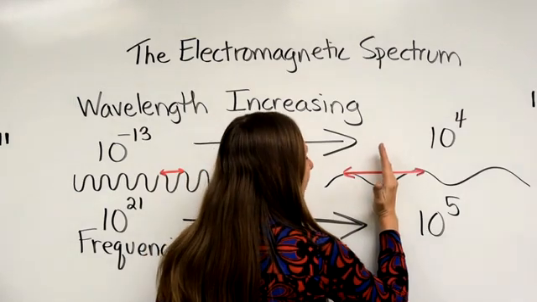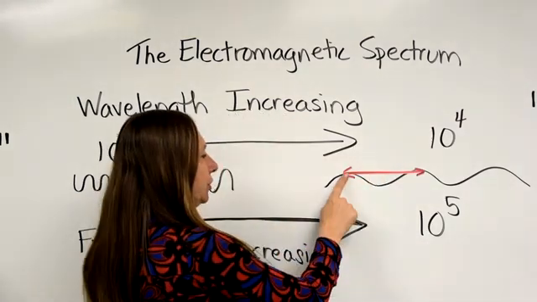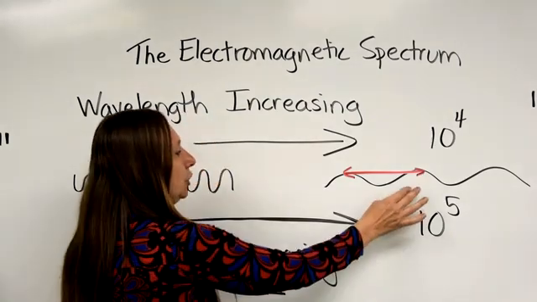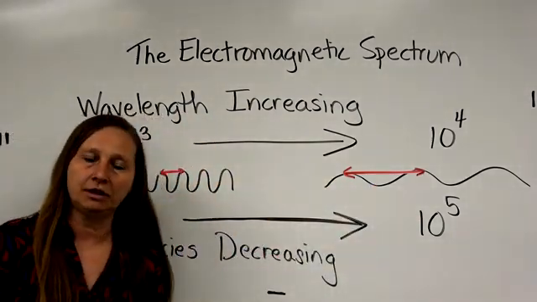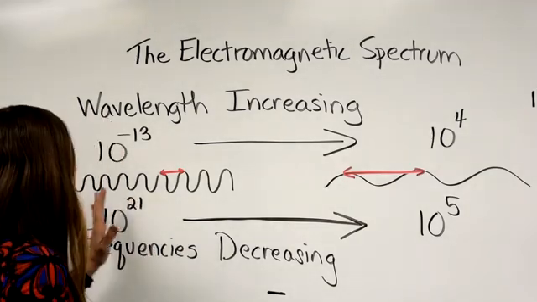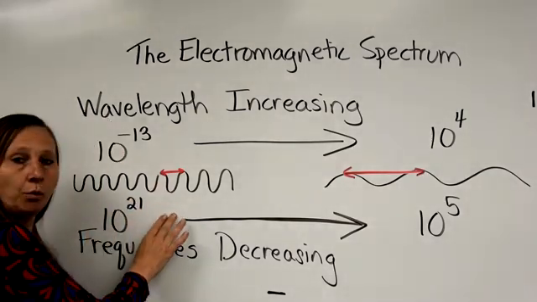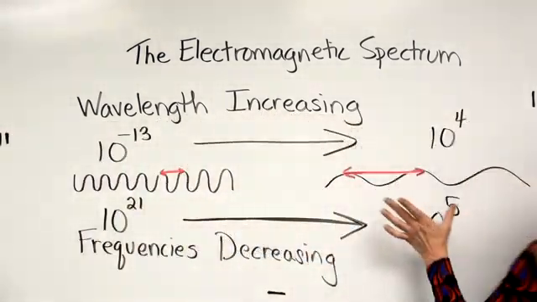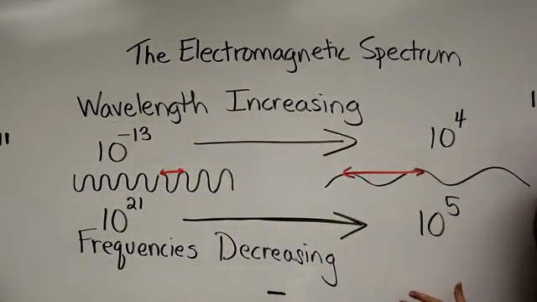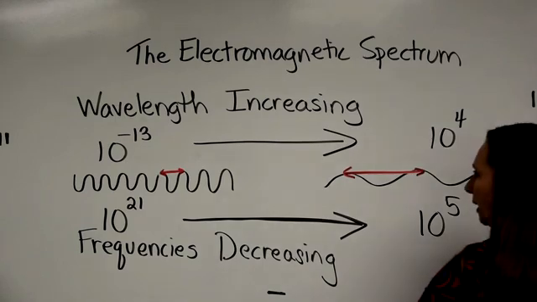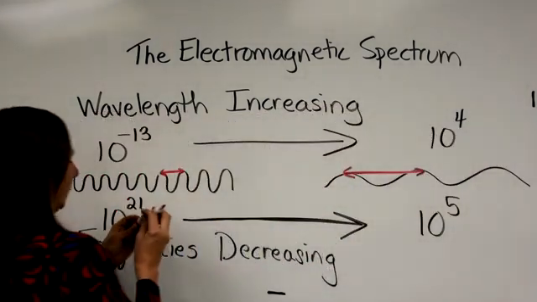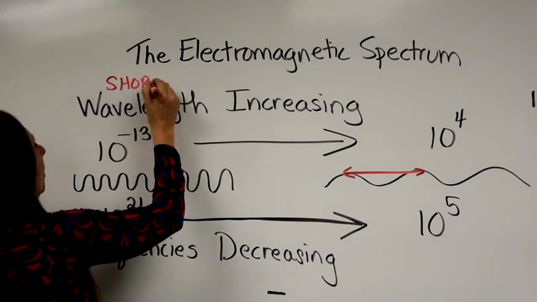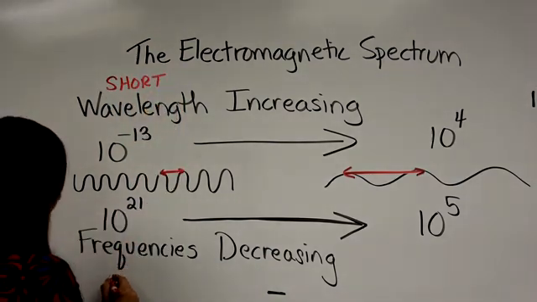If you put your hand here, not as many crests are going to go by in the same amount of time, assuming the two waves are traveling at the same speed. So over here, we have short wavelength, high frequency. Over here, we have long wavelength, low frequency. Let's write that in. Over on this side, we have short wavelength and high frequency.